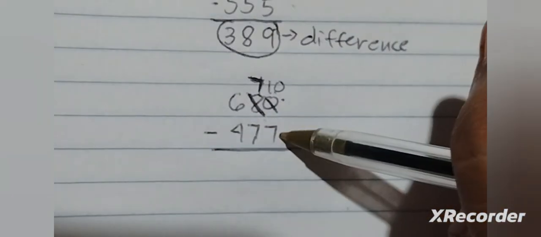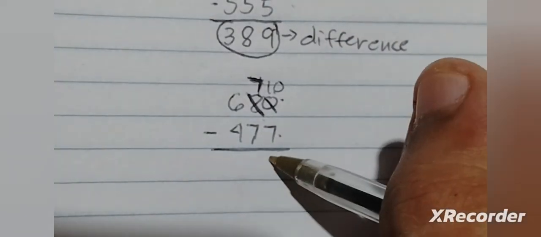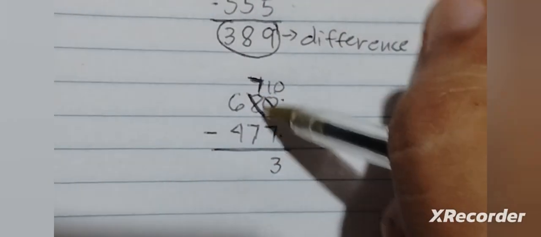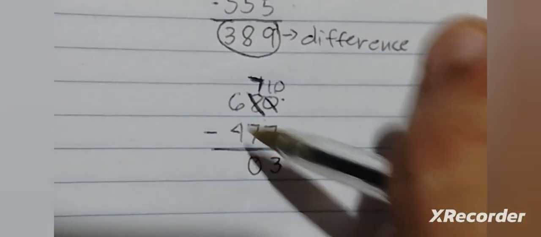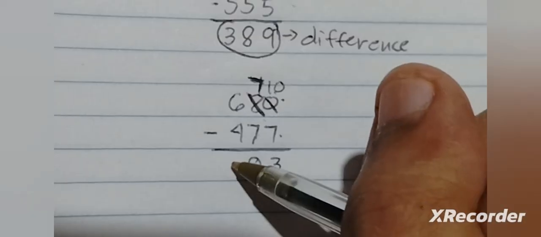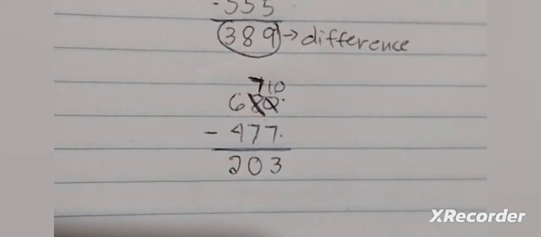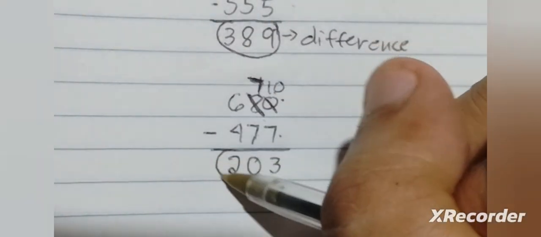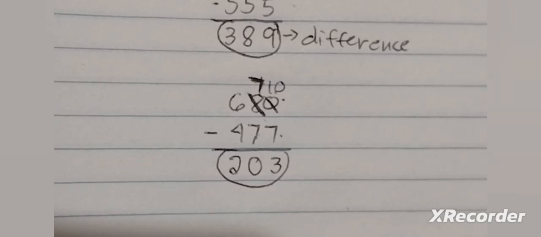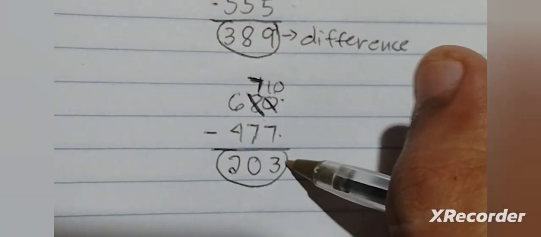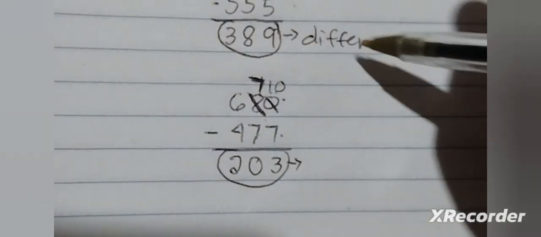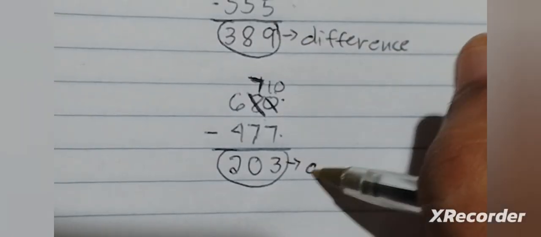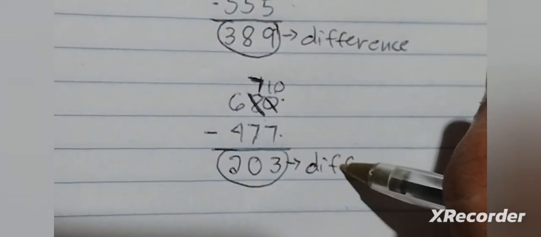Now 10 minus 7 equals 3, and 7 minus 7 is 0, and 6 minus 4 equals 2. Now, the answer is 203.